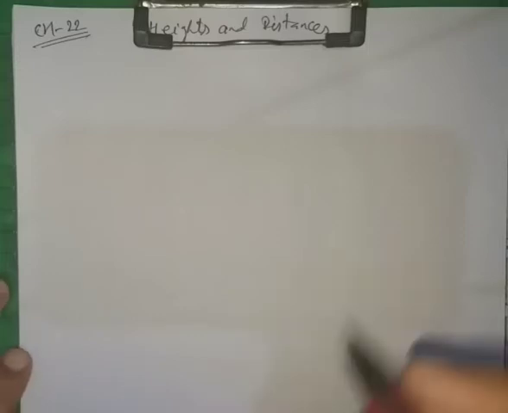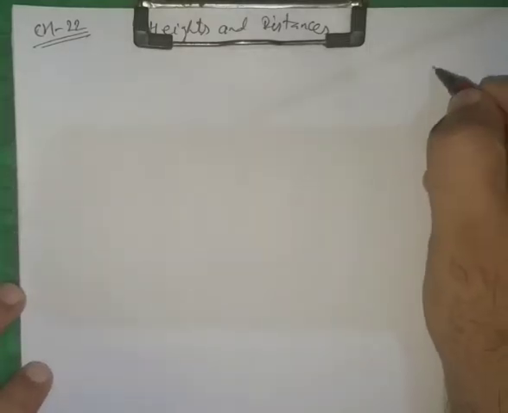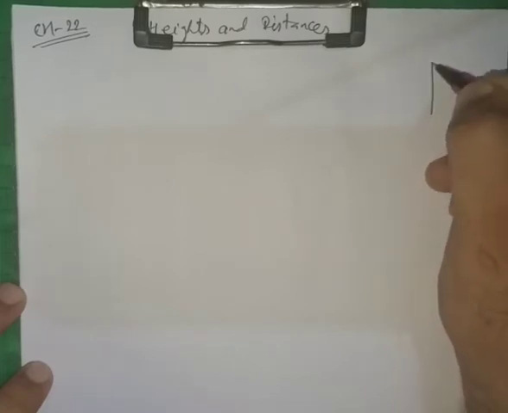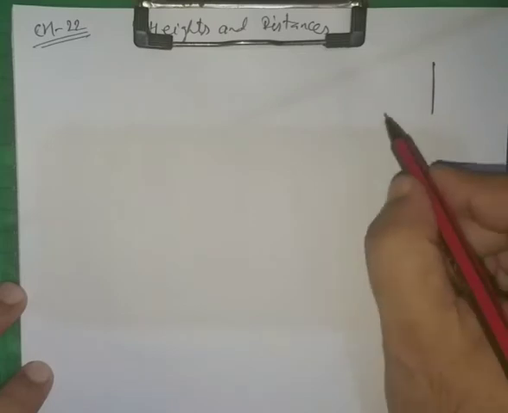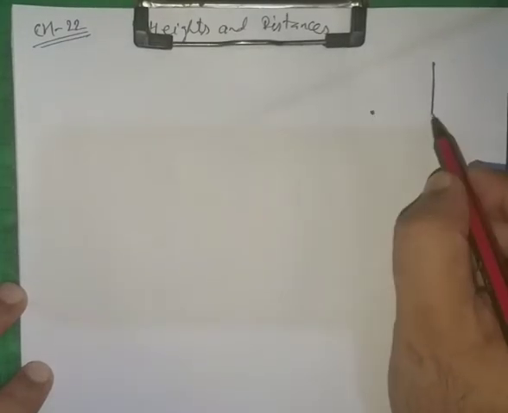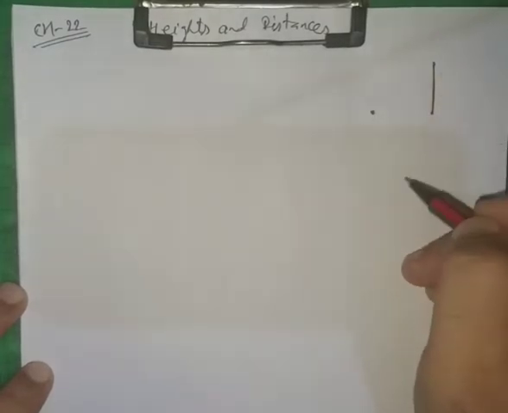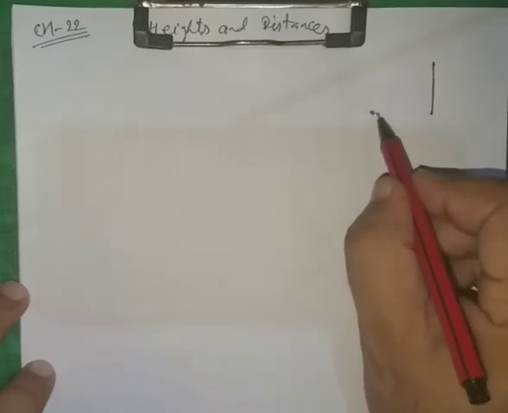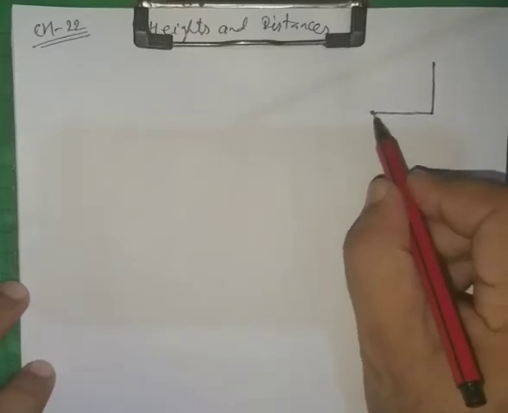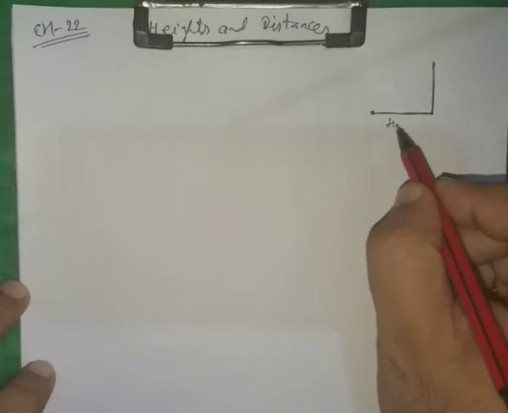So let us say that this is a tower or some object that is at some height, and let us say that this is a point that is at the level of the bottom of this object. If I join these lines, this will be a horizontal line.